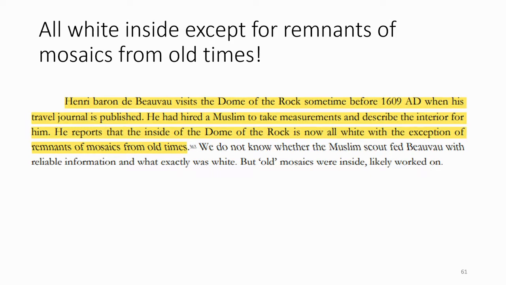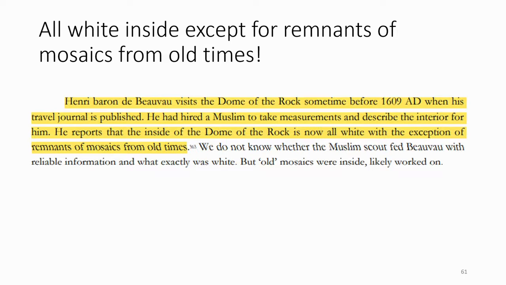Now, we have something quite incredible. Henri Baron de Bovo visits the Dome of the Rock sometime before 1609 AD, when his travel journal is published. He had hired a Muslim to take measurements and describe the interior for him. He reports that the inside of the Dome of the Rock is now all white, with the exception of remnants of mosaics from old times.